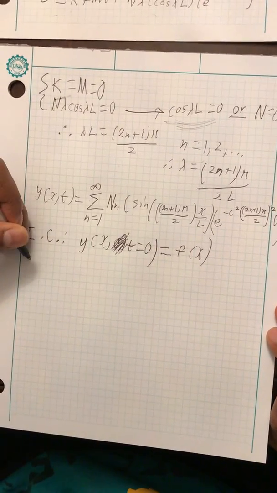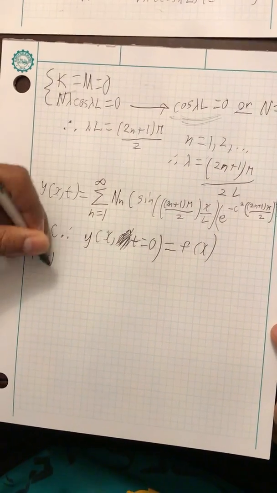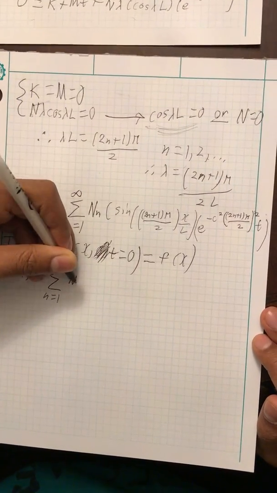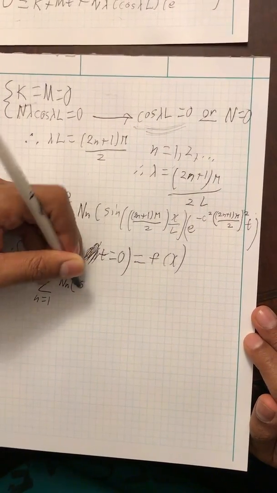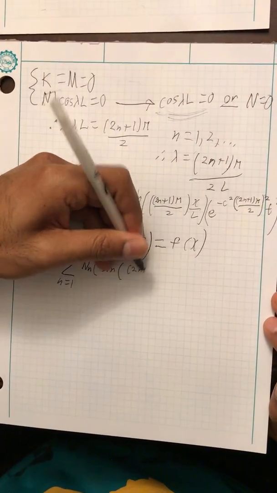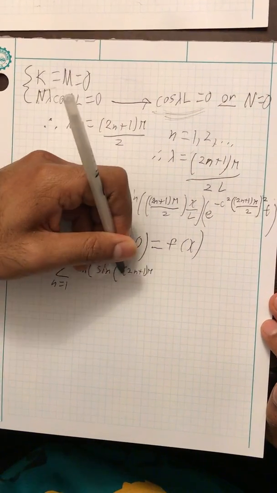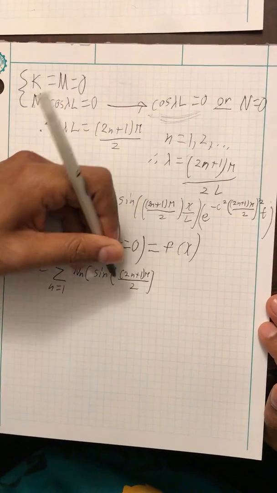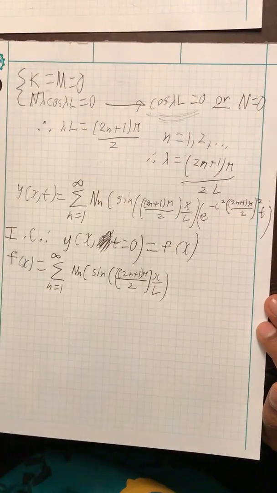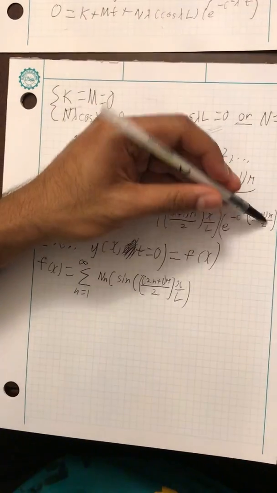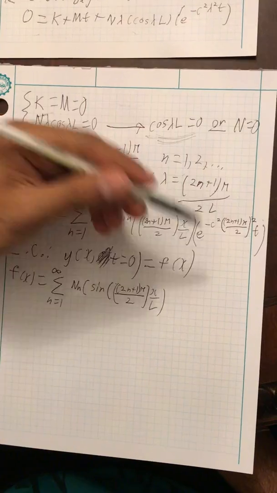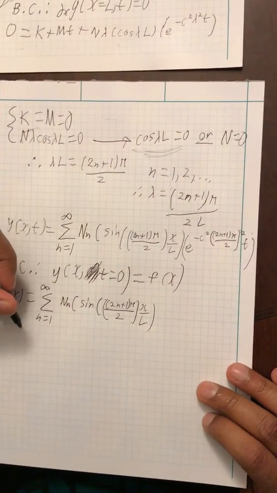Now from this, you can tell that f(x) equals the sum from n equals 1 to infinity of b_n sine of (2n plus 1) pi over 2 times x over L. And then since t equals 0, the e term cancels out, and essentially becomes 1 because it's e to the power of 0.